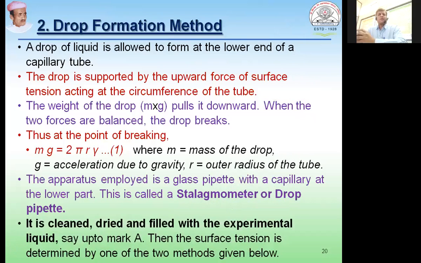It is cleaned, dried and filled with the experimental liquid, say up to mark A, and then the surface tension is determined by one of two methods. One method is known as the drop weight method and the second method is known as the drop count method. We have used both these methods in the lab for determination of surface as well as interfacial tension.